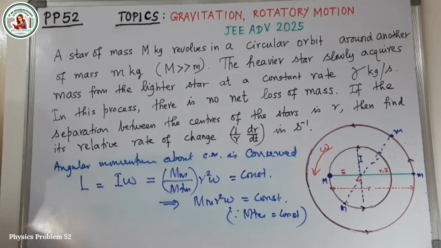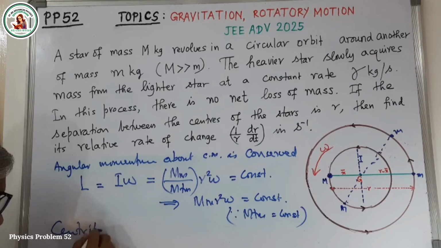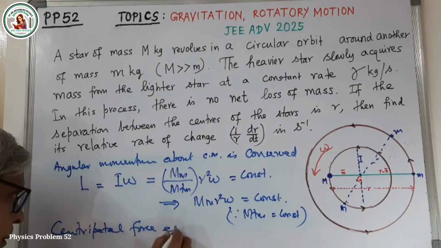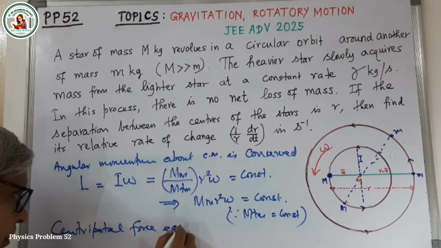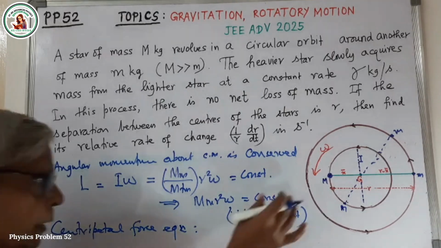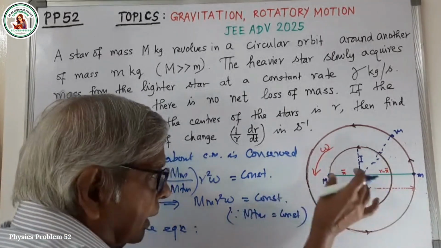Now the centripetal force equation. For each star, the centripetal force is given by the gravitational force. You can write it for either star, either for this or this.